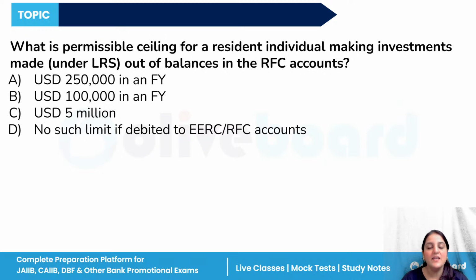So basically, LRS is the framework established by the RBI that allows resident individuals to remit money abroad for various types of purposes.